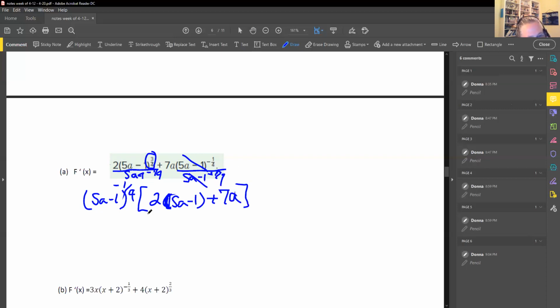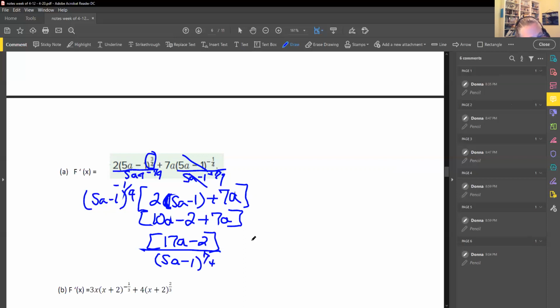This can be simplified, the inside here, into 10a minus 2 plus 7a. So this becomes 17a minus 2 over 5a minus 1 to the 1/4. All right, so critical values are where the top equals 0 and where the bottom equals 0.